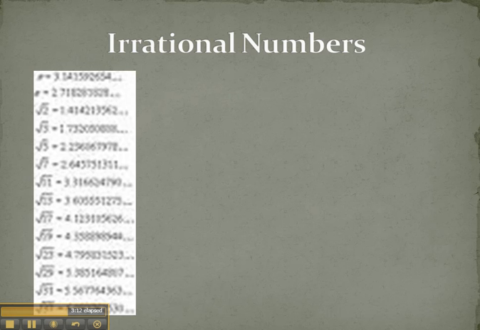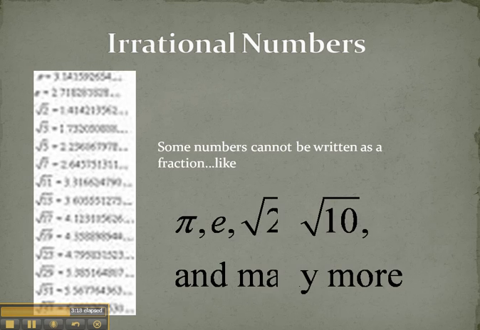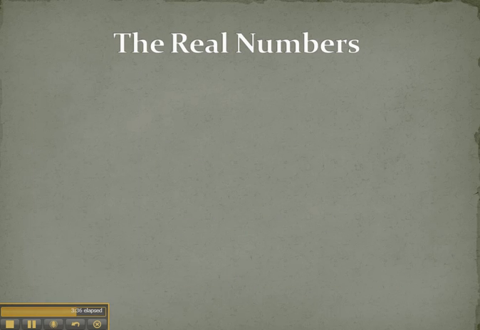Now, we also have things that are called irrational numbers, and these are numbers that cannot be written as a fraction. Things like pi or e, the square root of 2, the square root of 10, and so on and so forth. They cannot be written as a fraction because they are non-terminating, non-repeating decimals.